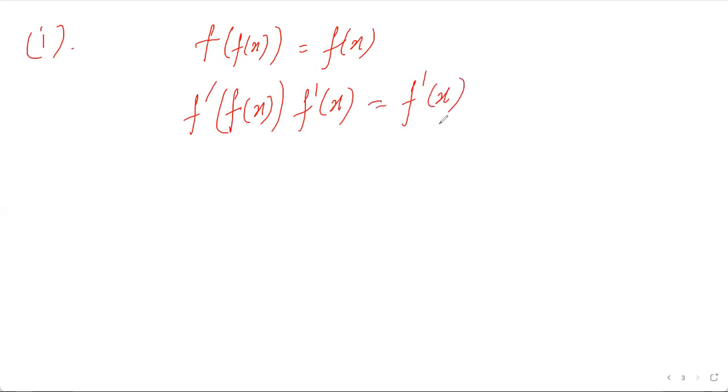Now you take everything on one side and take f dash x common, so you get that either f dash x is 0 or f dash f of x is equal to 1. First part is done.